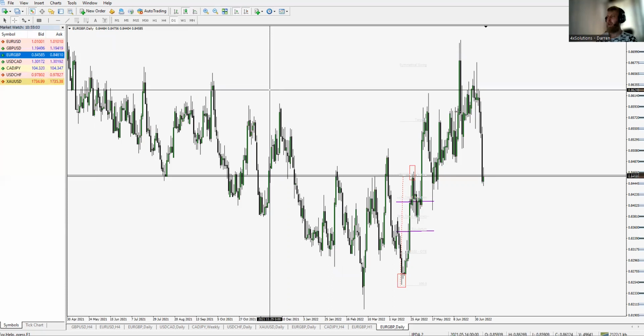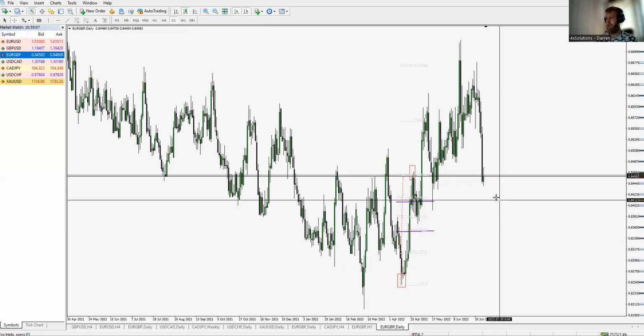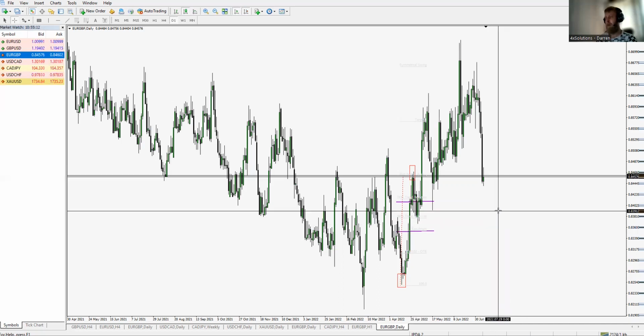positions. And what you'll find is that if this remains bullish, they would likely come into some kind of discount over here and accumulate more long positions.